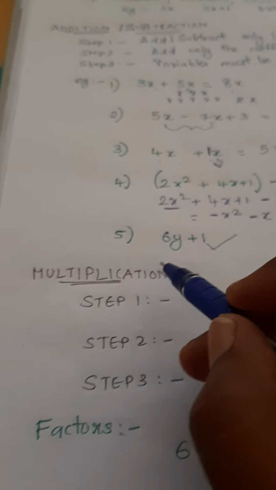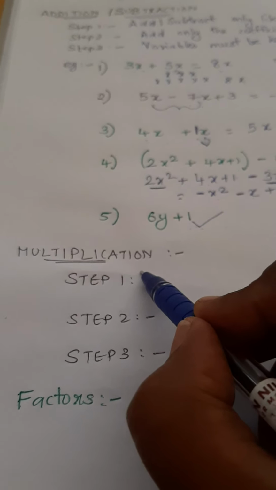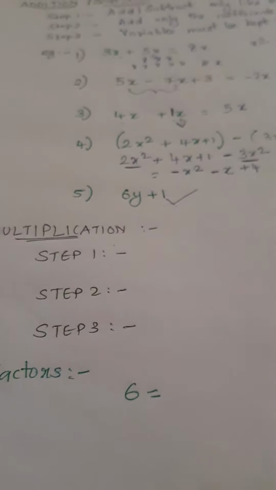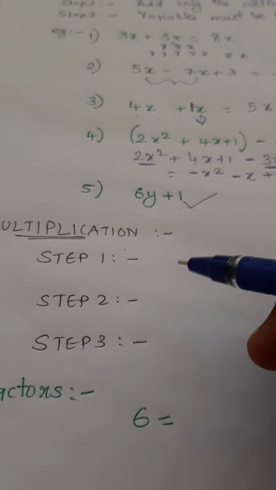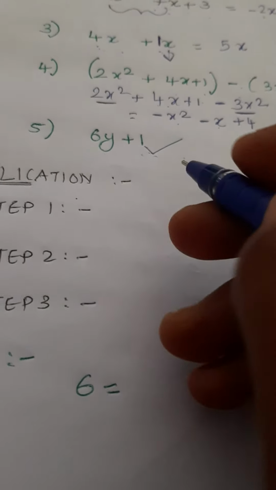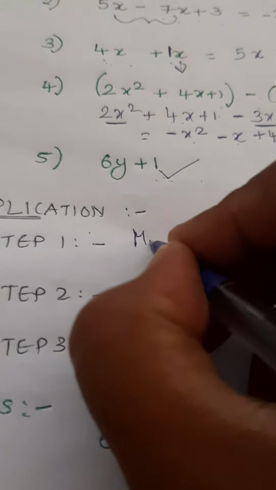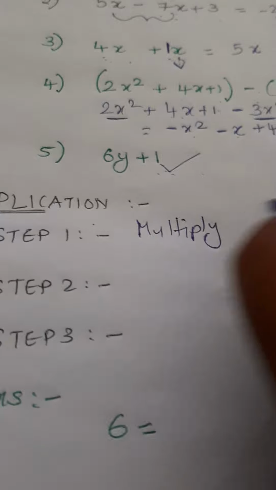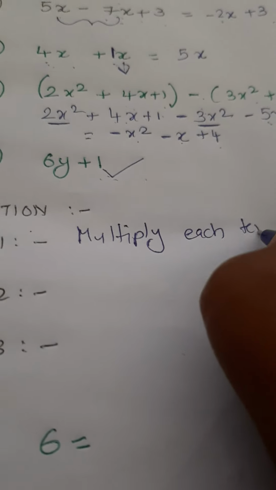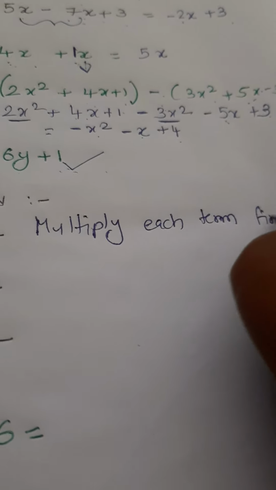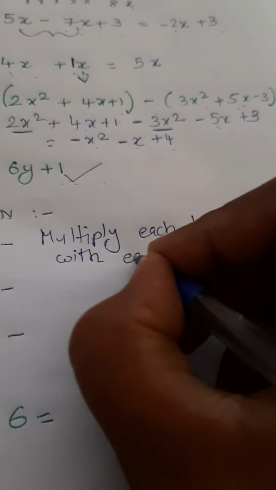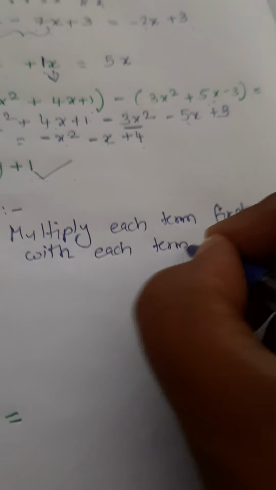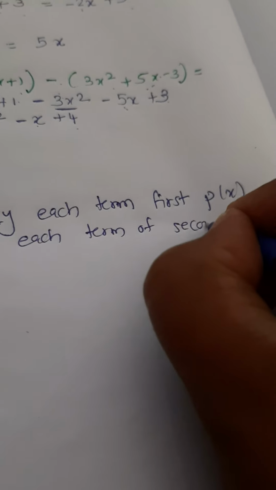Now we'll look into multiplication of the polynomials. For multiplying the polynomials, we have again 3 steps. The first step is that you have to multiply each term of the first polynomial with each term of second polynomial.